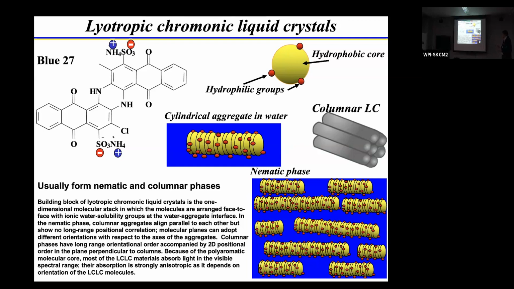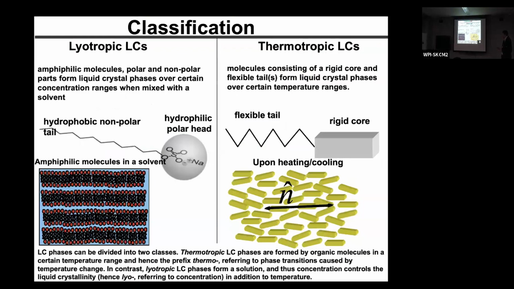They can also form columnar phases and many other phases. So now you simply need to imagine that there are these other classes of materials that can give liquid crystalline behavior.